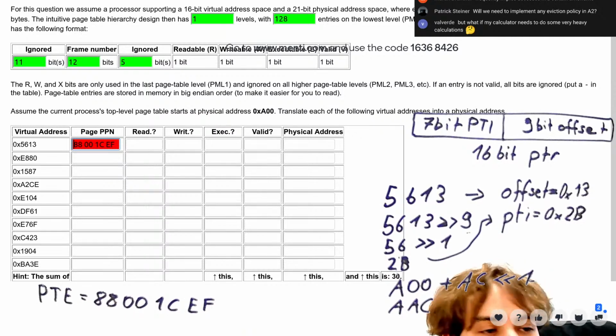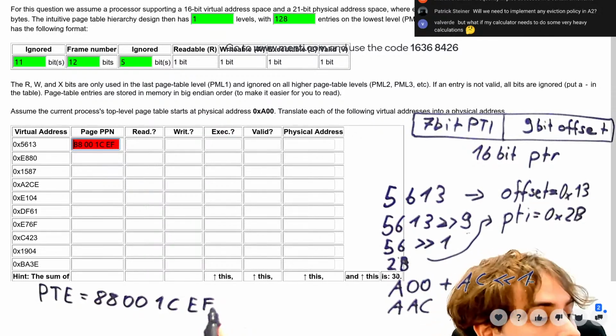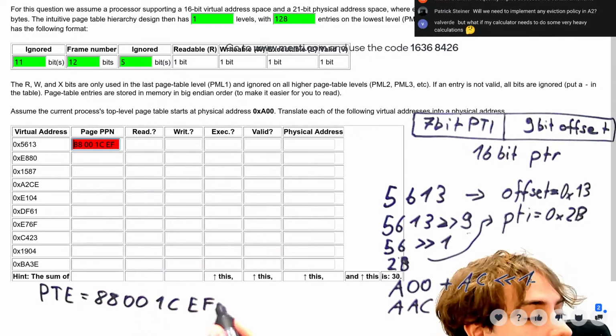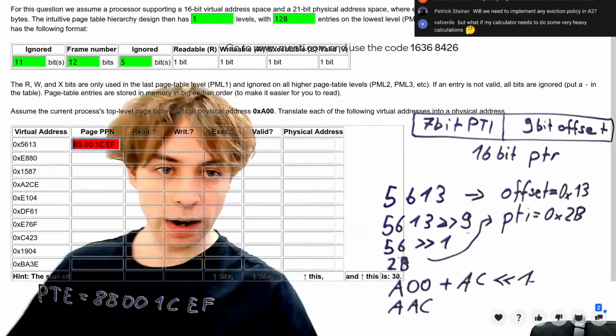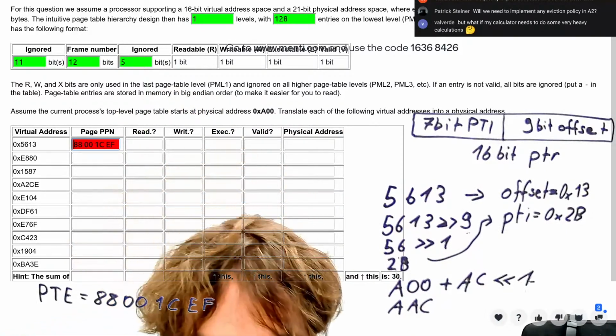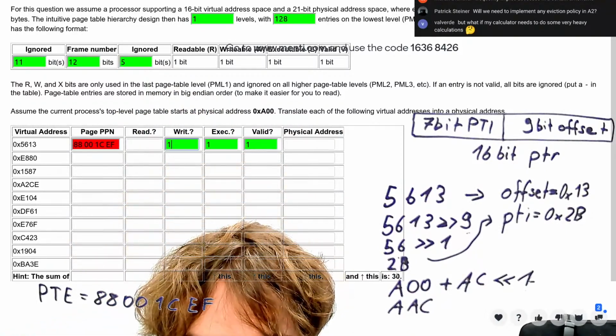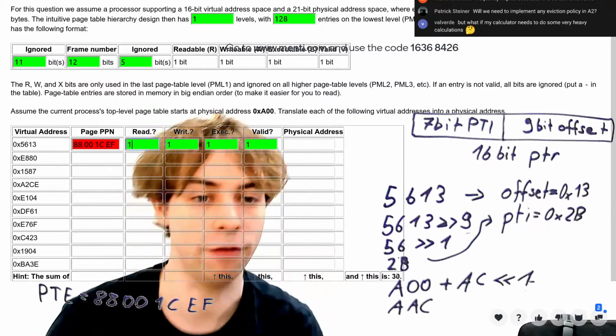And now what we will do is we check, is it present or not? It is present. The last bit, the valid bit, is set in this case. And we can directly read the bits here because we are already at the last level. So it's valid, it's executable, it's writable, and it's readable because that's the F.